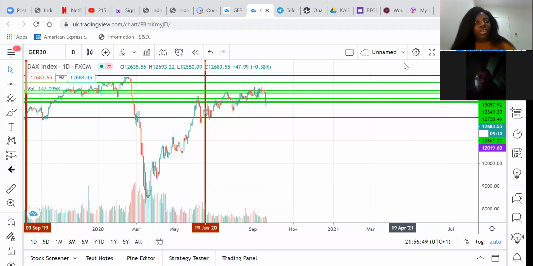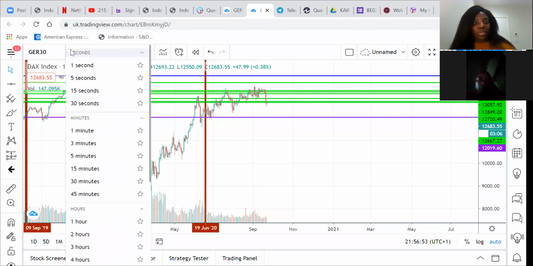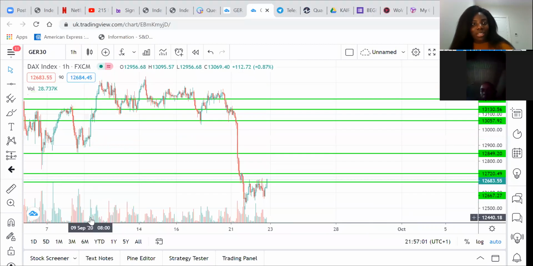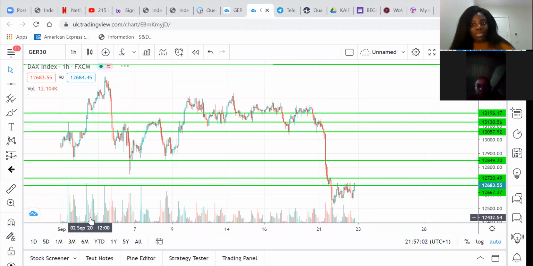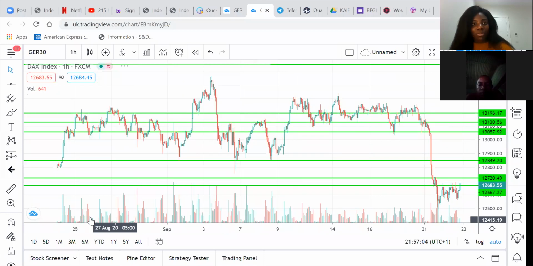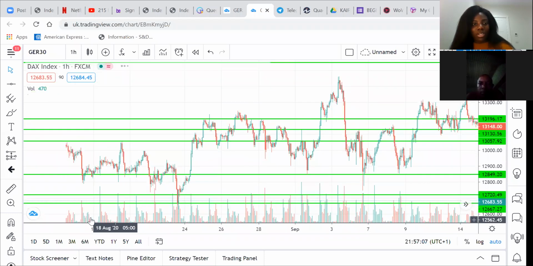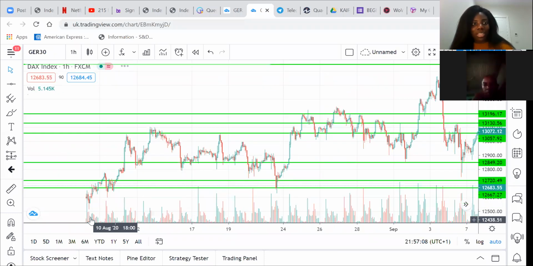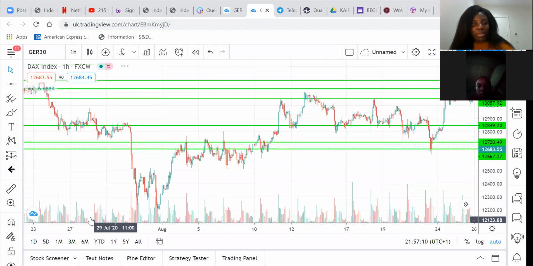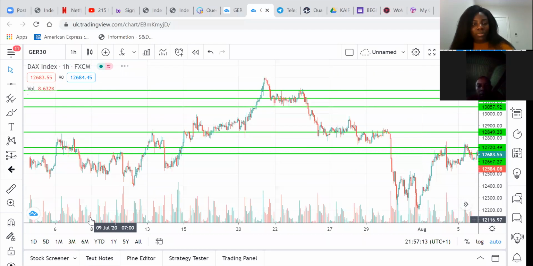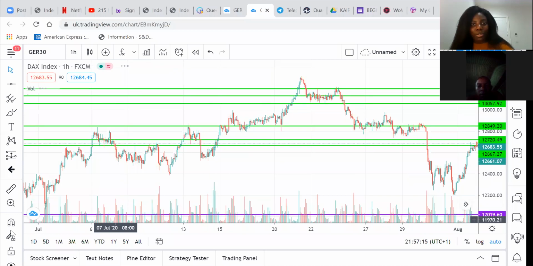For example, this zone that we're looking at, where it's potentially going to climb up, isn't new. This zone has been touched before. It's happened before.